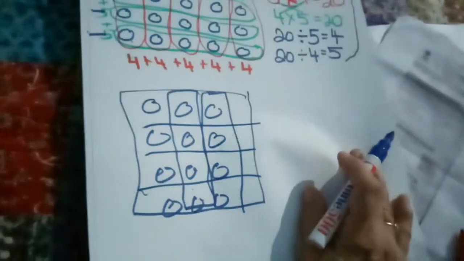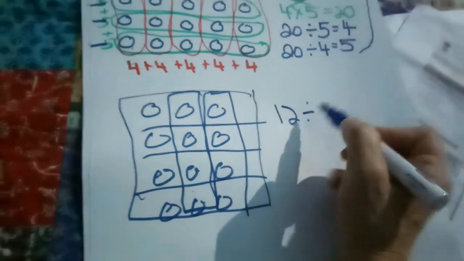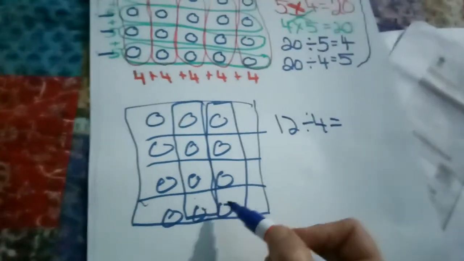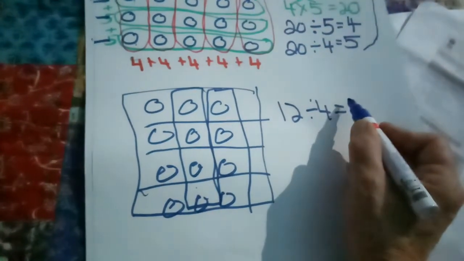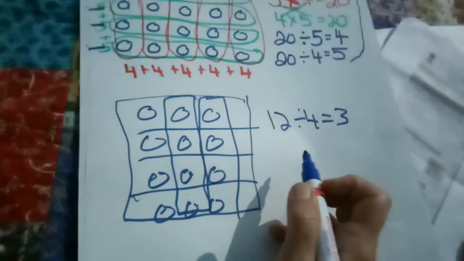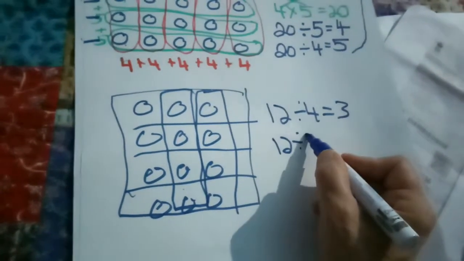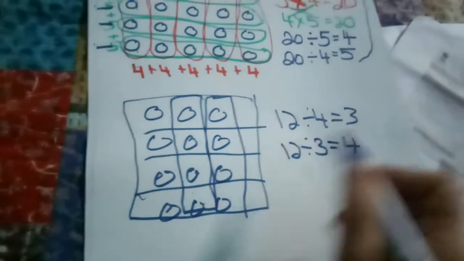So we would have 12 divided by 4 equals, so if we have 4 groups, 1, 2, 3, 4, how many in each group? 3. And if I do 12 divided by 3 equals 4, right?